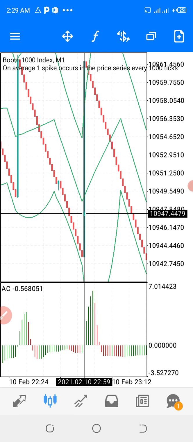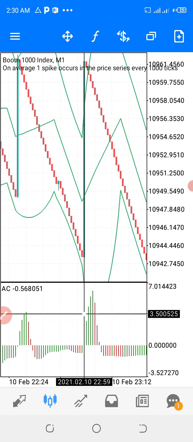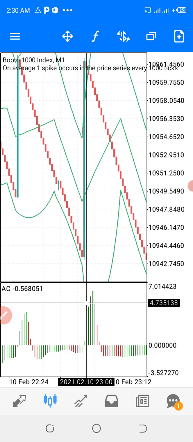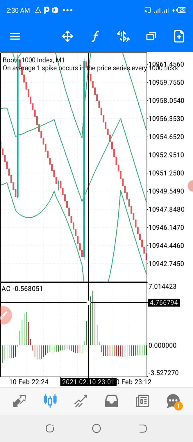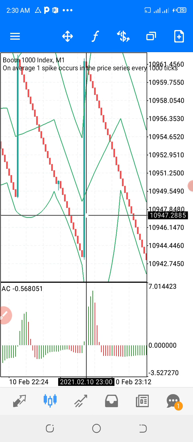You've seen this candle has crossed above the line of the Bollinger Band here. The next thing, you wait for the next candle to open. As you can also see, the Accelerator Oscillator is on top.